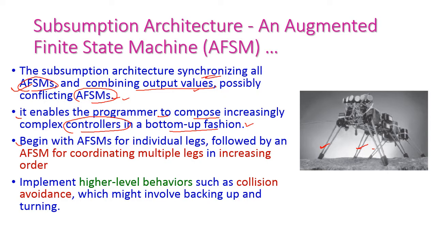Okay, and it begins with the machine for an individual leg, followed by coordinating multiple legs in increasing order, right, and implementing higher level behavior such as collision avoidance. Okay, why is collision avoidance important? Because at the same time so many legs will move, that is, try to swing, so a collision may occur. Okay, so collision avoidance should be implemented here.